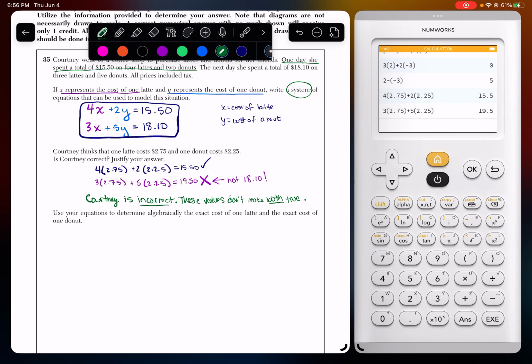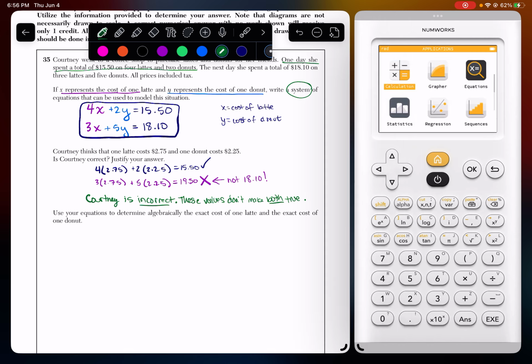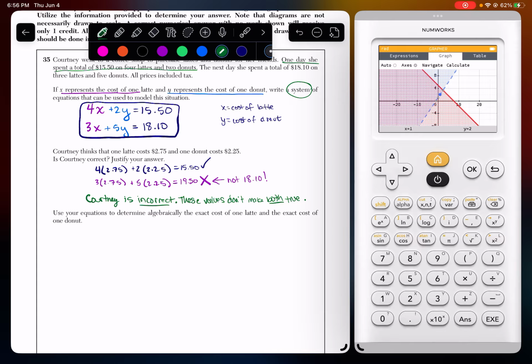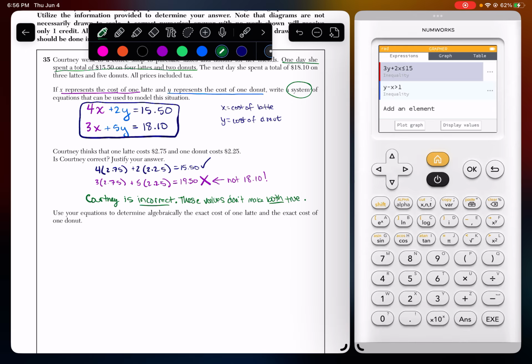One thing to keep in mind is what we're going to do next is solve the system algebraically. However, we can figure out the solution graphically by graphing our 2 equations. This was the first equation I wrote, and then the second equation I wrote.